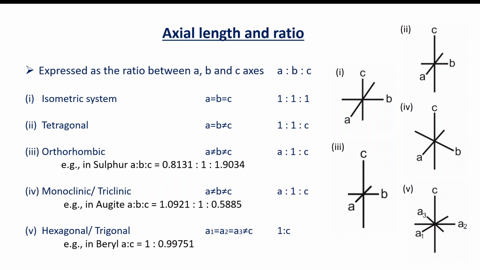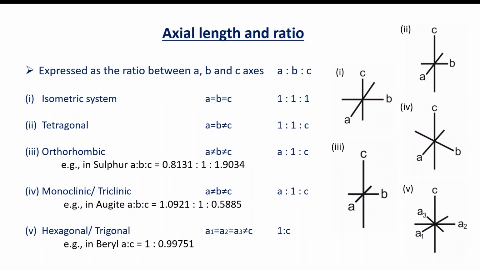For that there are three horizontal axes, that is A1, A2 and A3, and the vertical one is your C axis. Now the axial length of A1 is exactly equal to A2 and exactly equal to A3, but it is different from that of the C axis.